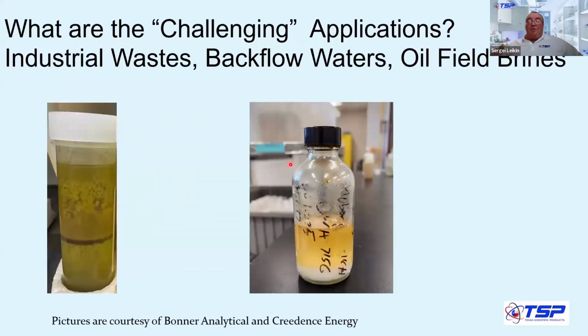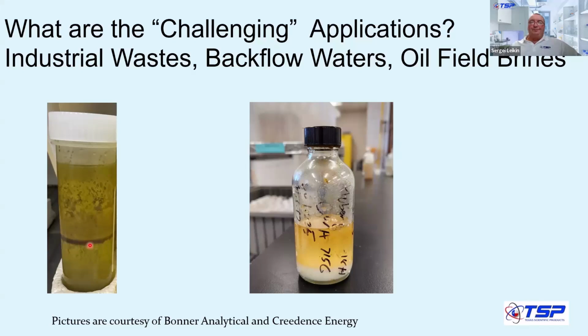Now we're moving from organics to aqueous samples, so kind of the reverse. Here are a couple of examples of aqueous samples. This is one of industrial waste that has a couple of percent of PCBs and diesel and you name it.